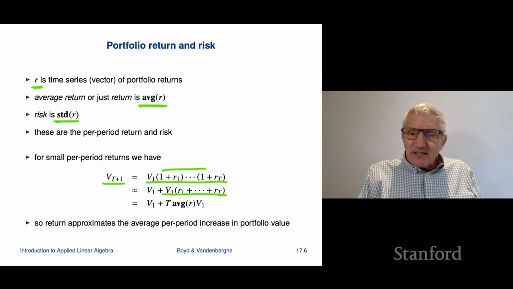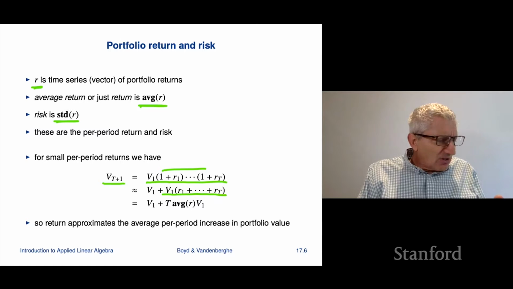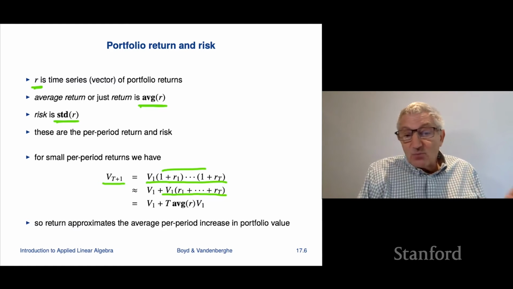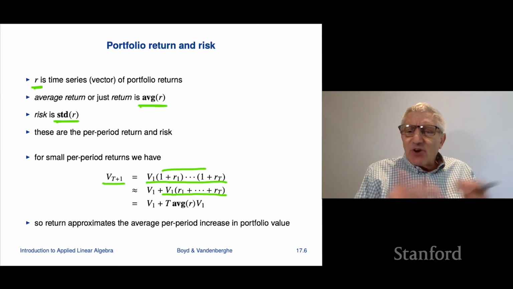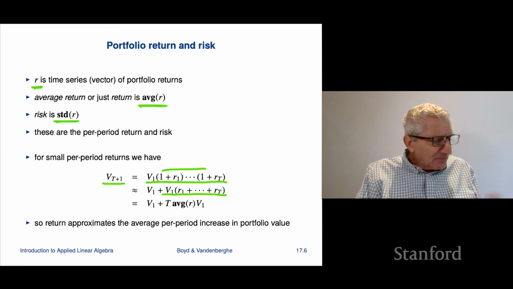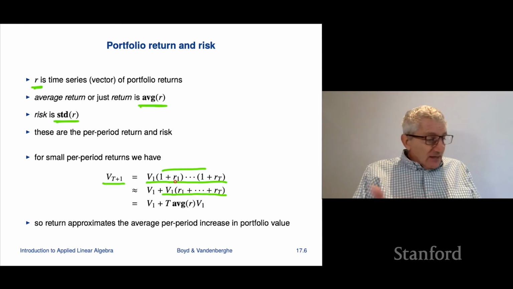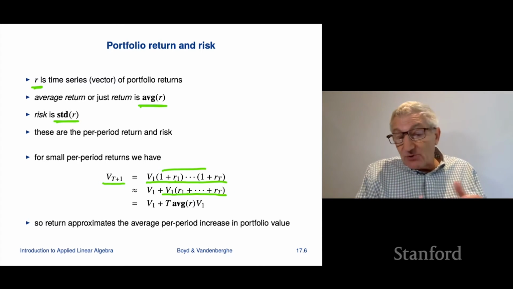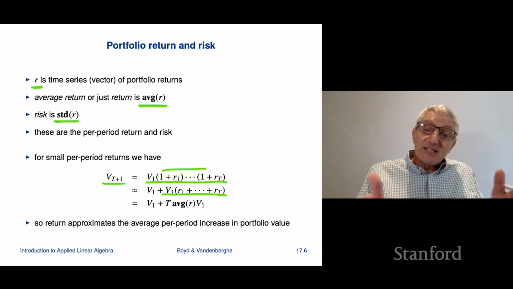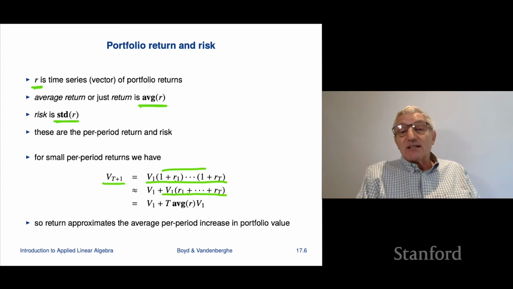The argument goes like this. If R is on the order of 1% or something, just roughly, it's 0.01, and so this term makes sense here. But when you multiply two quantities on the order of 0.01, you get something that's 10 to the minus 4, and it's basically negligible.